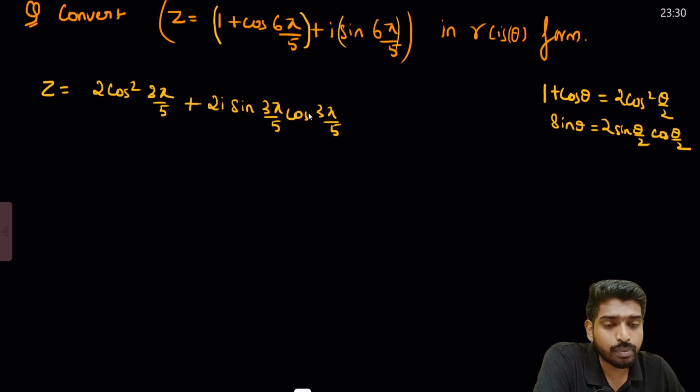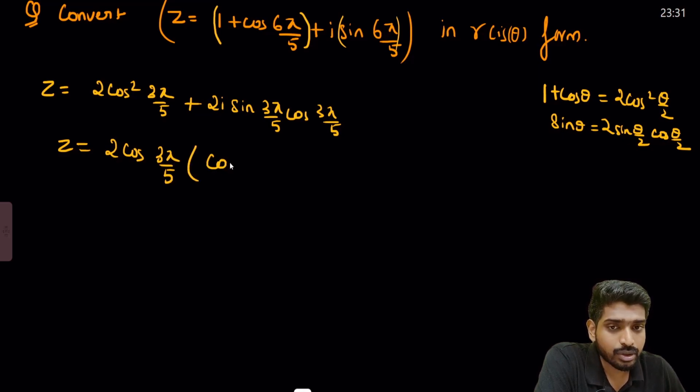I can take 2 multiplied by cos 3 pi by 5 common. Here I'll get z is equal to 2 cos 3 pi by 5 times the bracket cos 3 pi by 5 plus iota sin 3 pi by 5, got it?